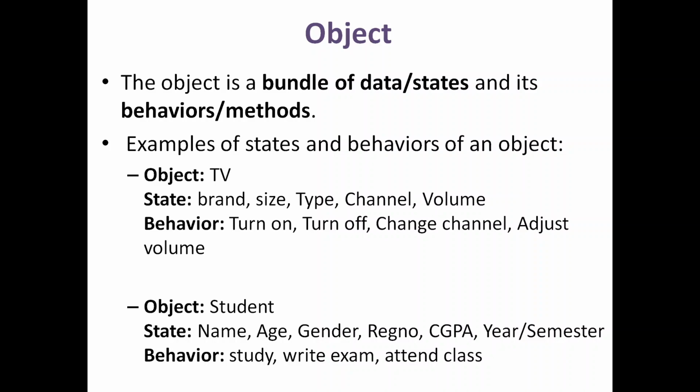But on the other hand, CGPA will change every year. Similarly, the year or semester will also keep changing, age also will be changing. Now behavior is, the student may be studying, or he is writing an exam, or he may be attending a class. So these are the various possible behaviors, and only these behaviors are allowed for the student.